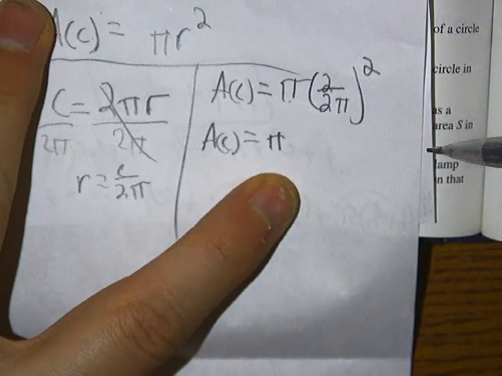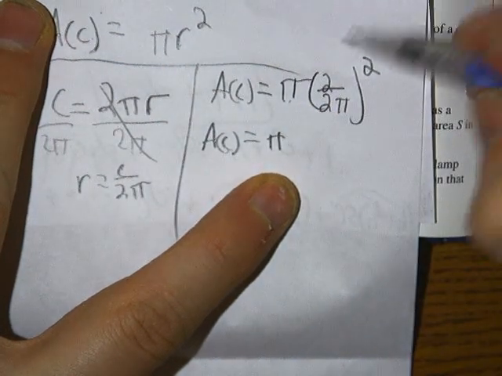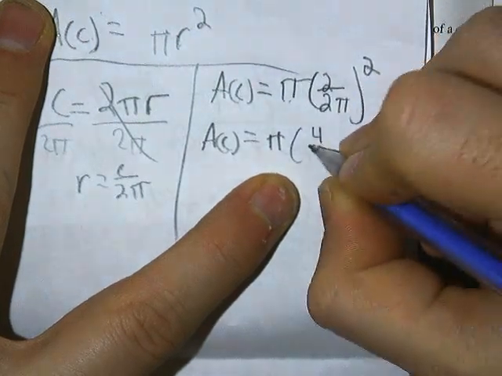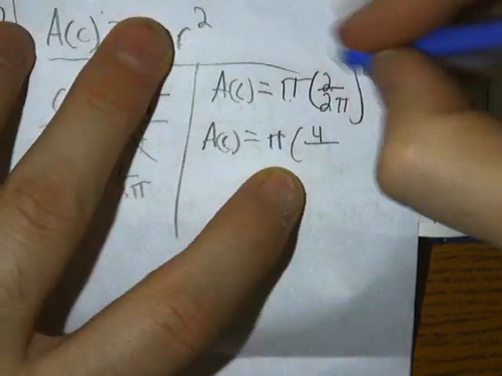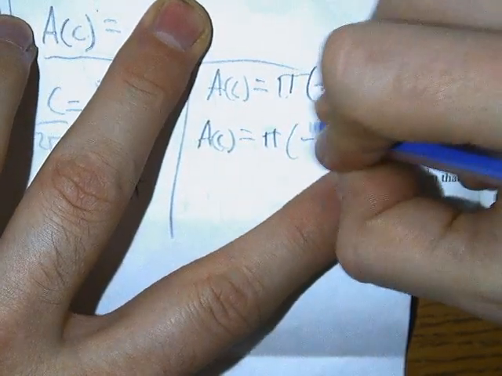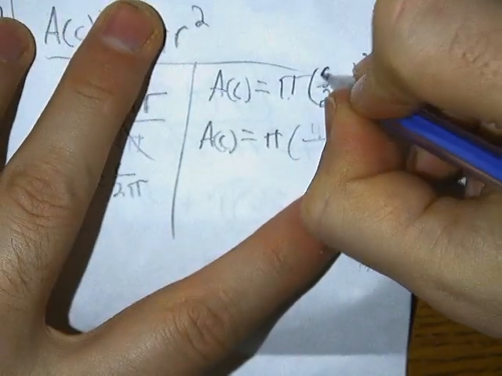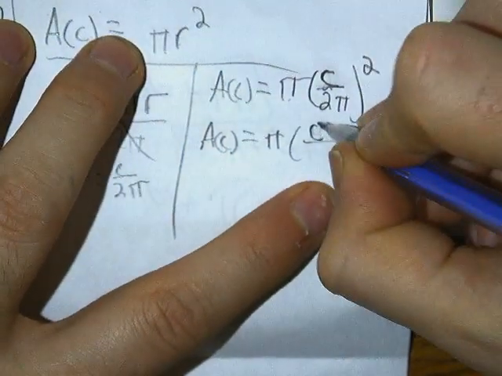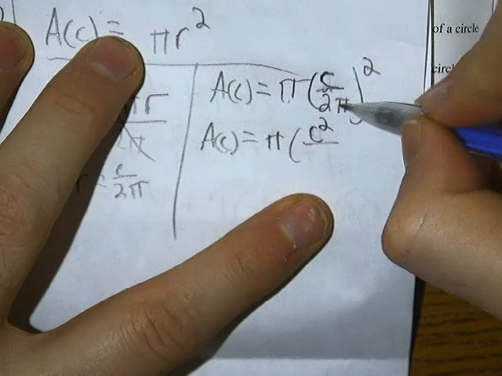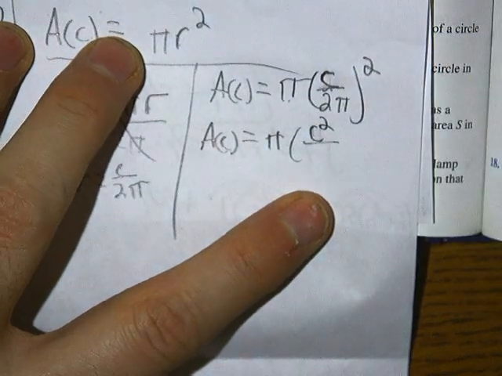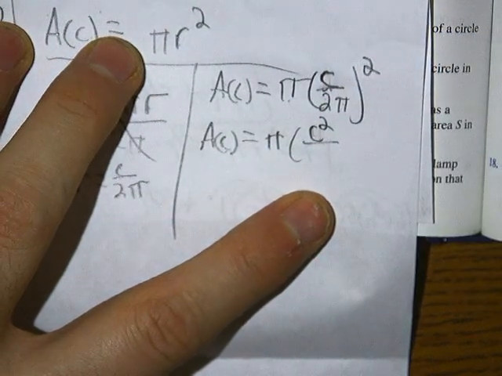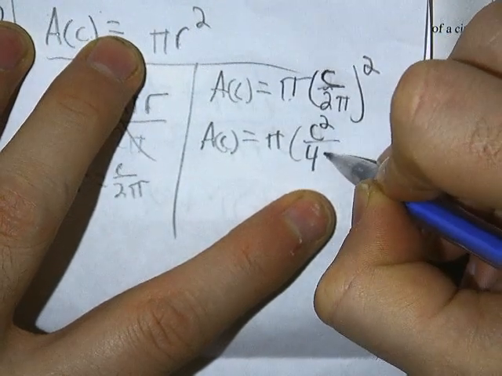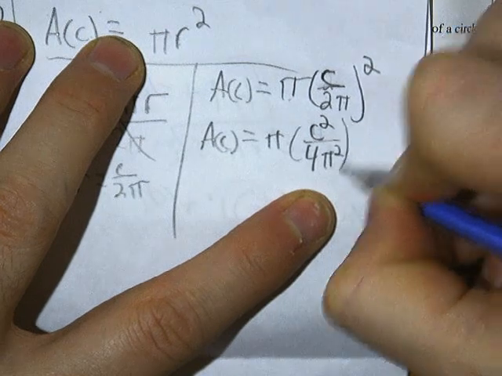First pi drops down. Now 2 squared gives me, yep, that is supposed to be a C there, thank you. C squared over, what's 2 pi squared? 2 squared gives me 4. Pi squared gives me pi squared.